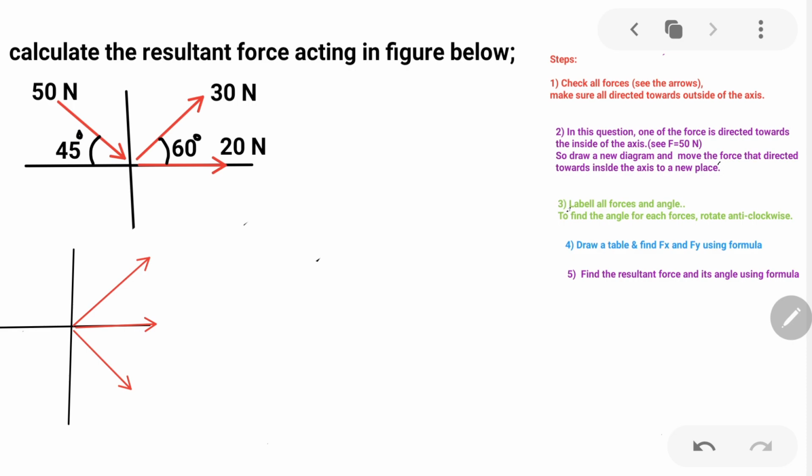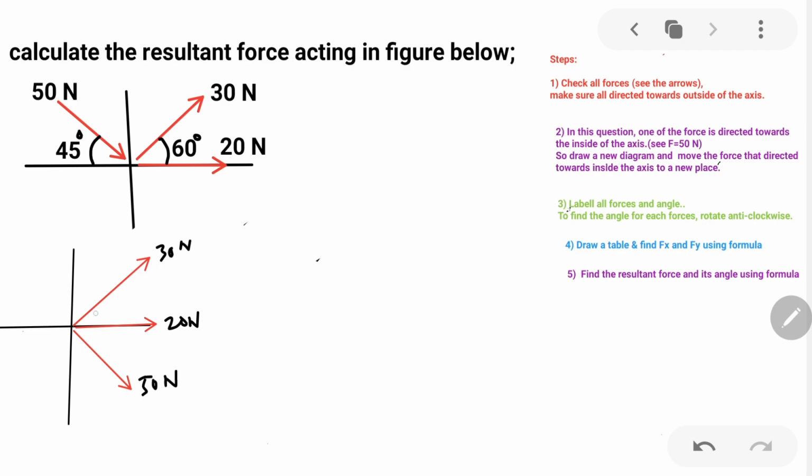Okay, so we're done with moving 50 Newton to a new place. So now we want to label all forces. So here we have 20 Newton, 30 Newton, and 50 Newton.